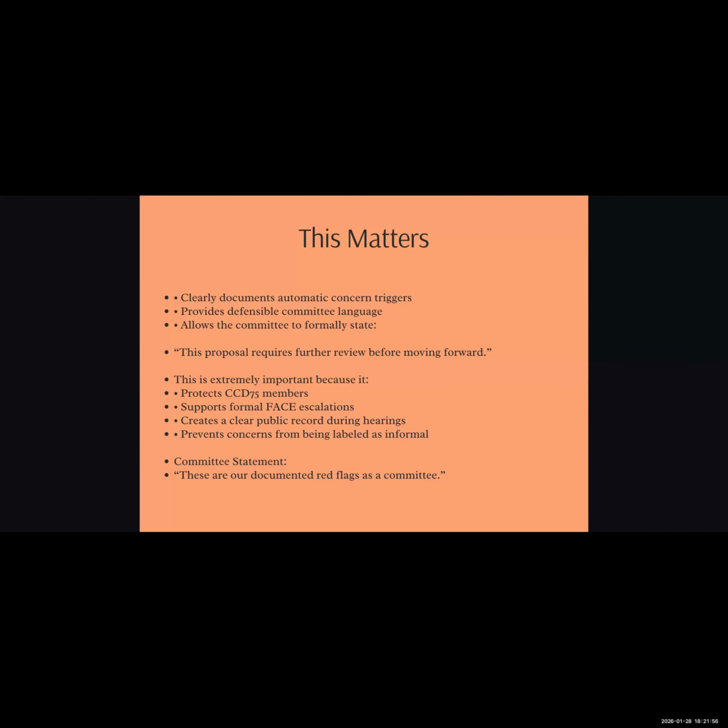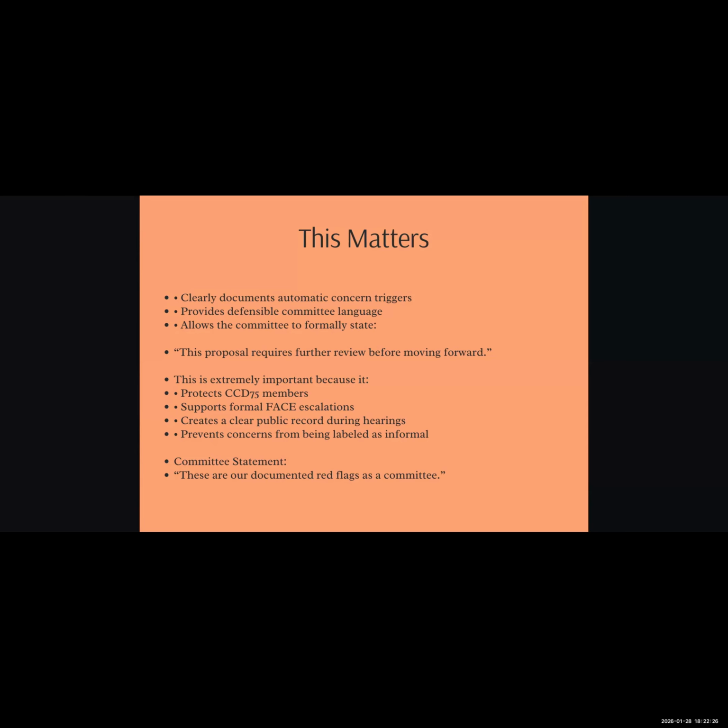It's extremely important because it protects council members, CCD 75 members, and supports formal escalations. It's within the proper process to address these concerns, creates a clear public record during hearings, and prevents concerns from being labeled as informal or swept under the rug or ignored.